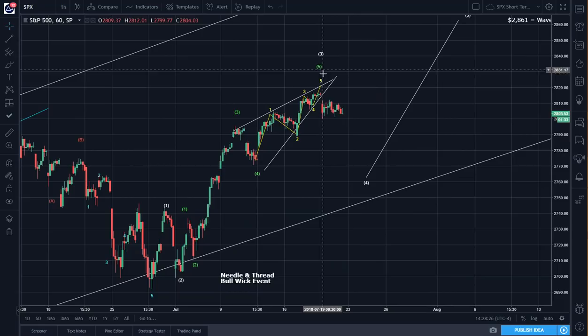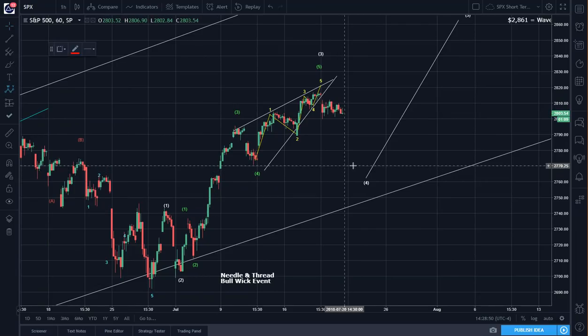So if wave 4 is already starting, usually when price moves sideways, it's more of a combination. And the combination would come in doubles or triples. And I believe this would be a good candidate for maybe a double combination.